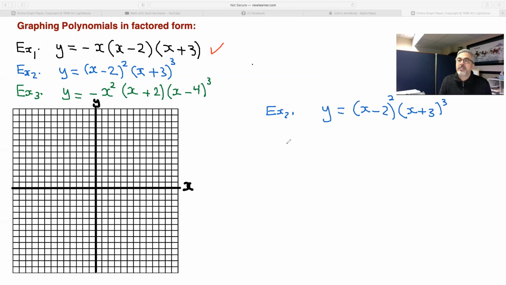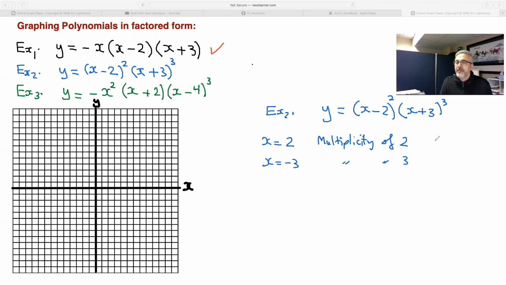Once you start listing your zeros, x equals 2 has a multiplicity of 2, because of the square right there, and x equals negative 3 has a multiplicity of 3.